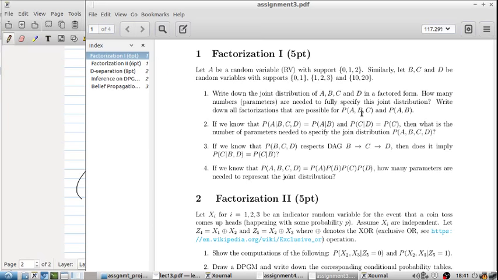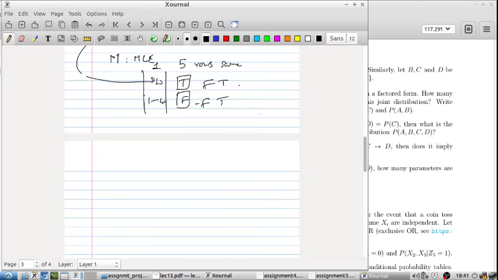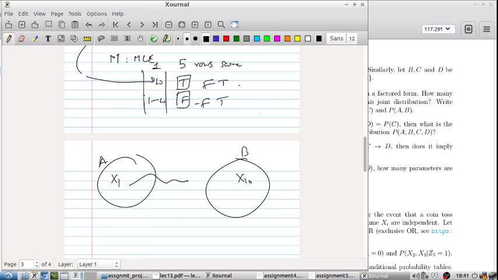Let me just draw it. Let's say there's a set A and a set B, but let's pick, say, x1 and x10. There's some path between them. There may be multiple paths between them, but per path we'll check something.